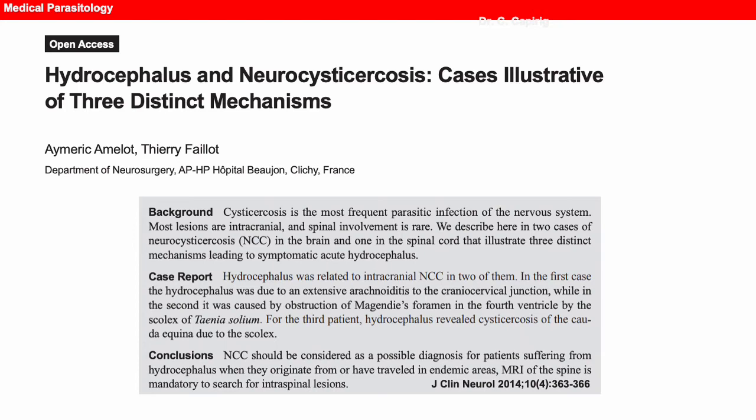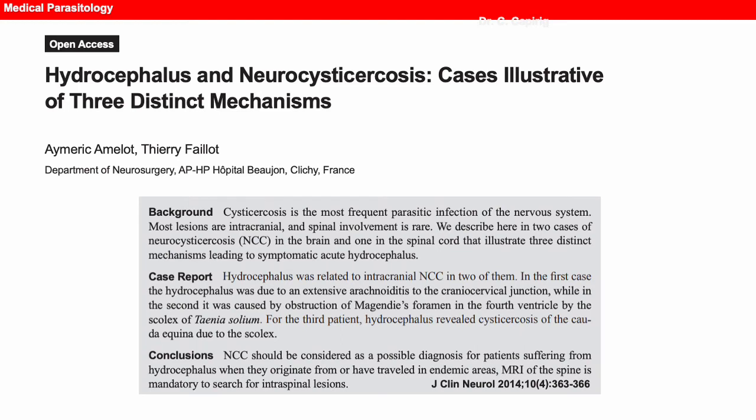We have the pia mater, which is the innermost, the arachnoid mater, which is the middle, and the dura mater, which is the outer layer. The parasite, cysticercus or Taenia solium, can be deposited in any of the structures of the brain, even the meninges, and it can potentially obstruct the flow of the cerebrospinal fluid.